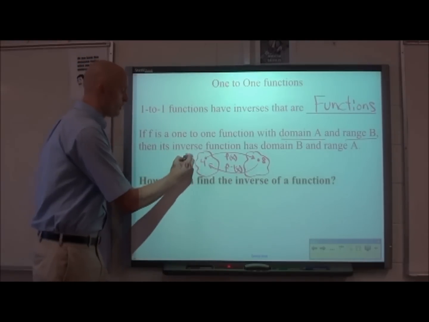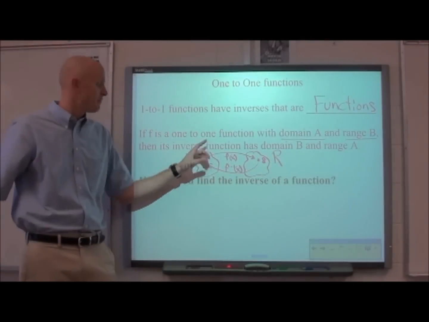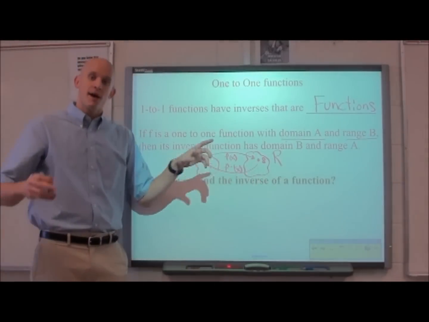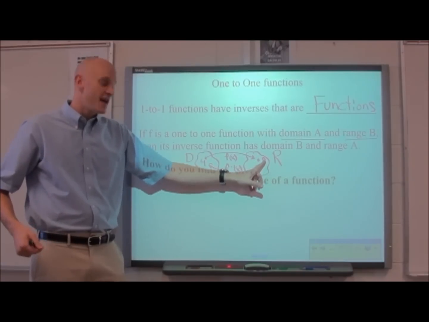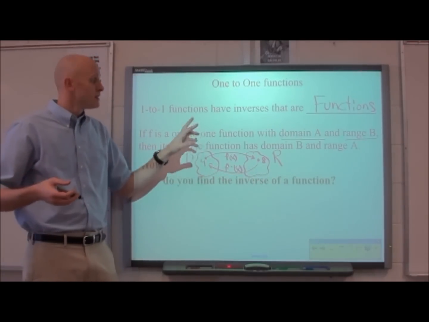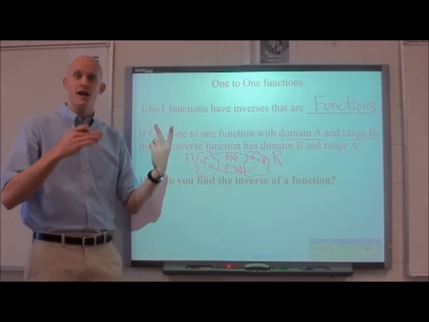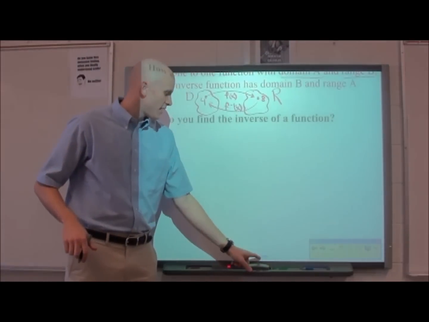So this is our original domain and range of our original function, f of x. The domain is 4, the range is 8. But on the inverse, it undoes it. Our domain is 8, and our range, or our output, is 4. So the domain and range just switch for two functions that are inverses. How do you find the inverse of a function?